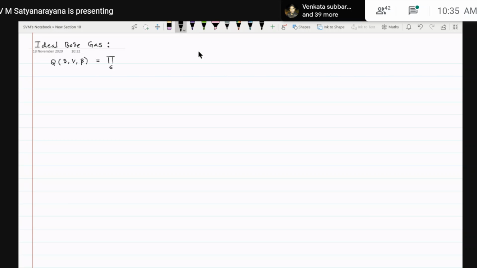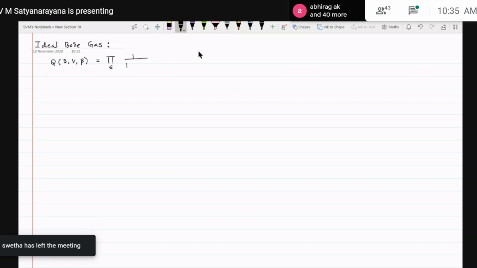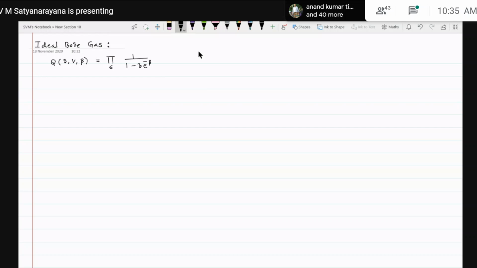Single particle energies epsilon, into 1 by 1 minus z into e to the minus beta epsilon. This is the grand canonical partition function.